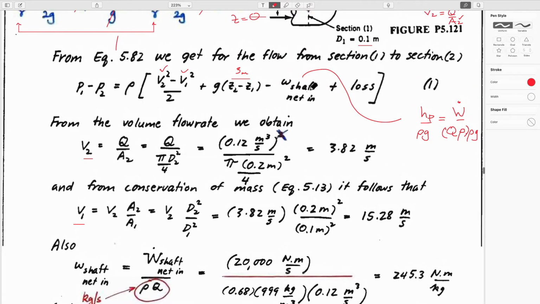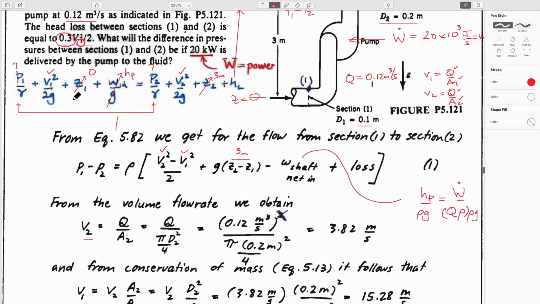And so anyway, you just substitute these components in. We know what the loss is, we defined it. I would solve it in terms of P1 minus P2 over unit weight, and then everything would be in lengths, and it would be much easier.